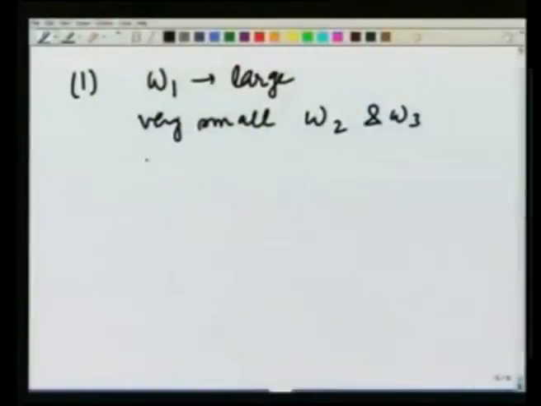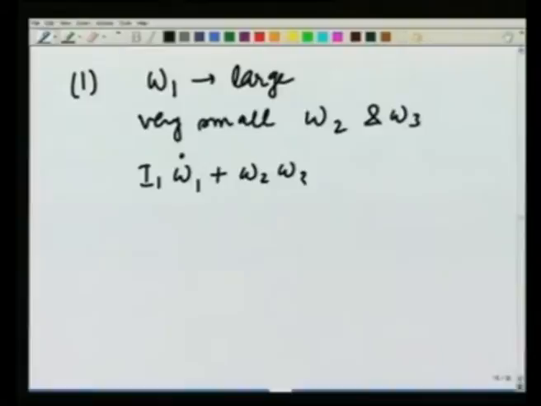In this case, the equation would be I1 omega 1 dot plus omega 2 omega 3 (I3 minus I2) is equal to 0. Since omega 2 and omega 3 are very, very small, I can, in the first approximation, neglect this.